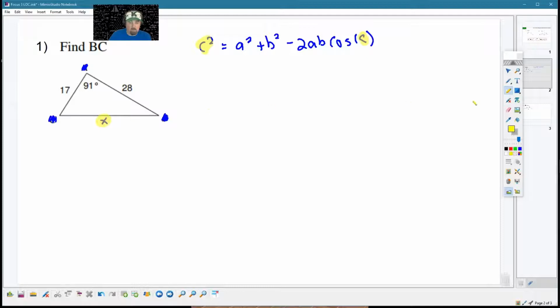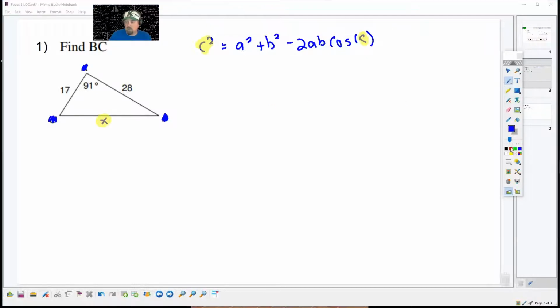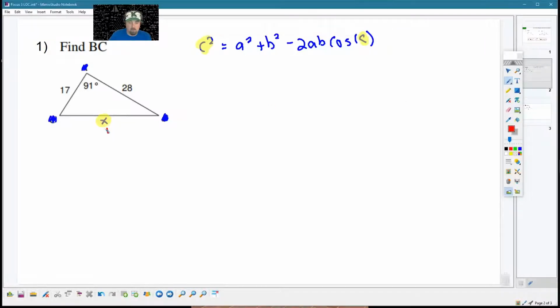So that means this missing side here is our side C. That means the angle opposite of it, this 91, is angle C, the big C.